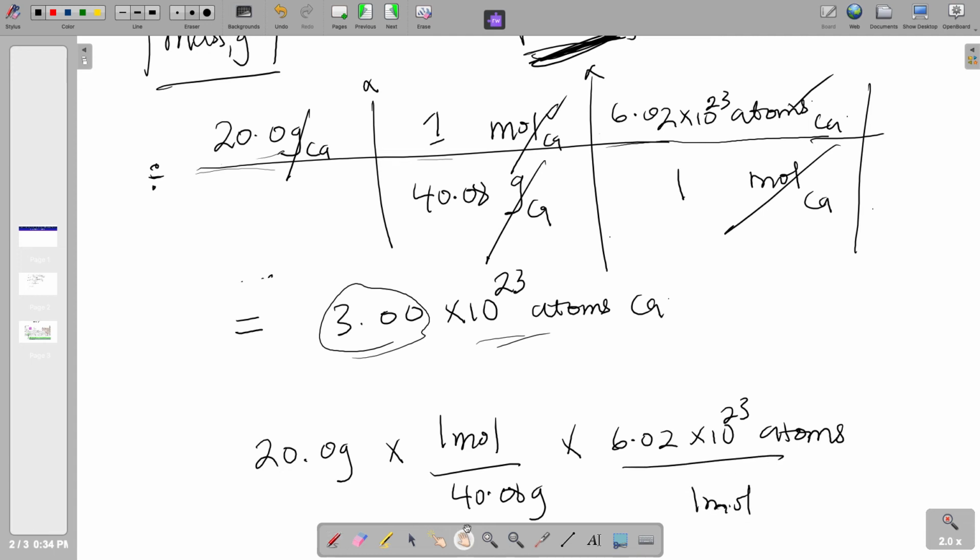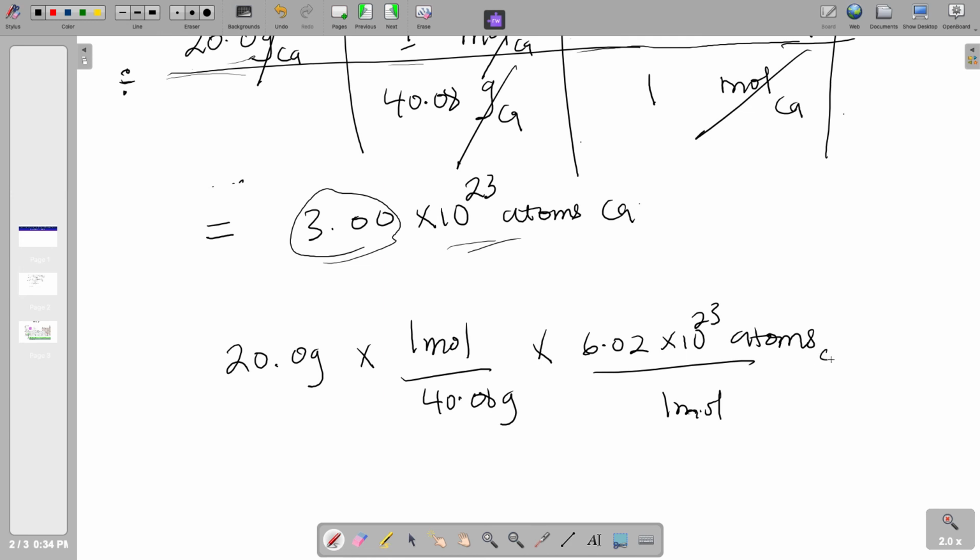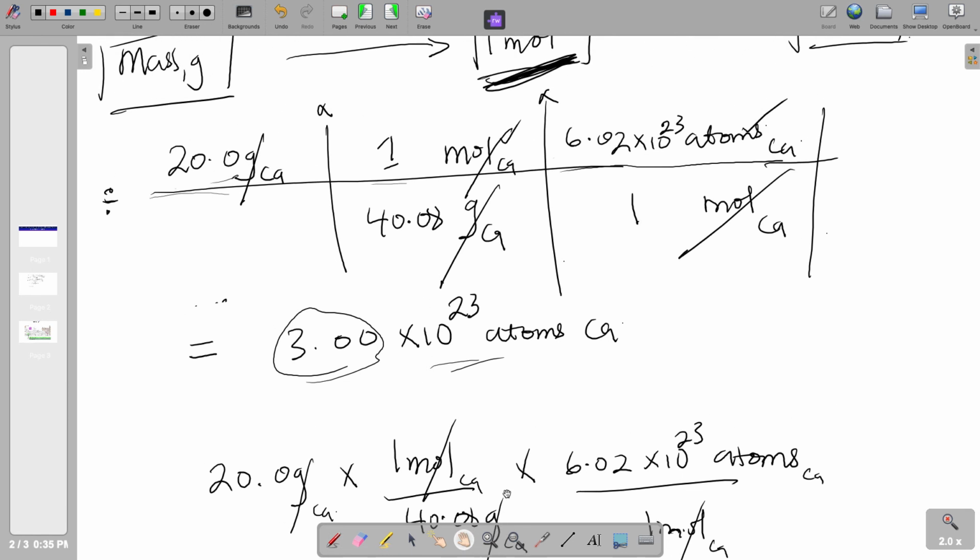Okay. And remember you can add calcium if you want. As you can see, grams will cancel grams, moles will cancel moles. So it's all the same setup as we have in the table. But usually the table makes it a lot easier for you to cancel out the units on the diagonal. So if you are working such a problem and you notice that the units on the diagonal don't cancel, then that means there might be something wrong with your setup. So it's a cue to help you track where your error is.